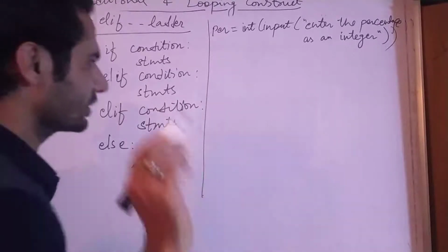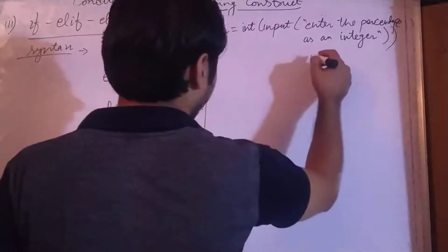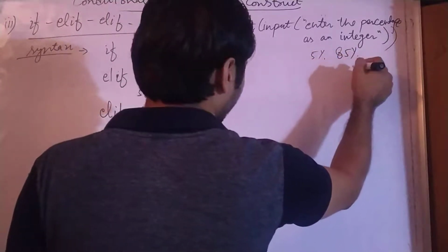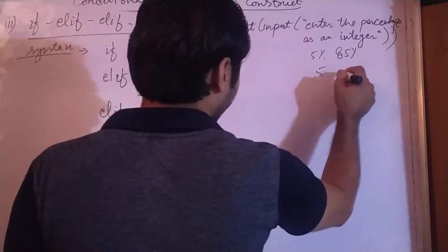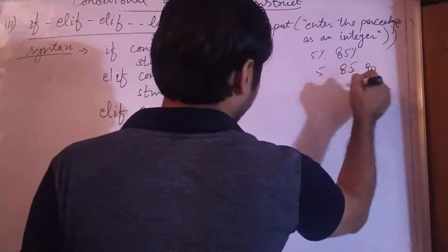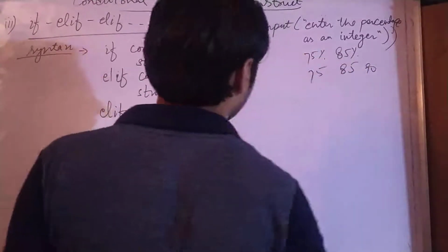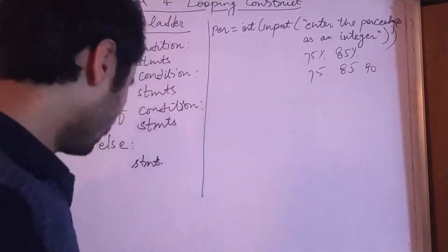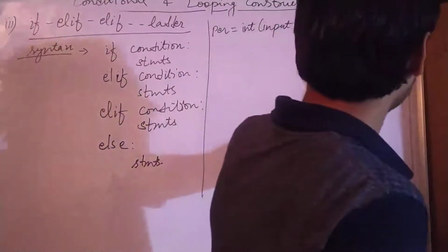It means there is no need, the user will not enter like 85%, just enter 5, 85, 90. Okay, the user just enters the percentage as an integer. Okay, so we write the statement for the percentage.